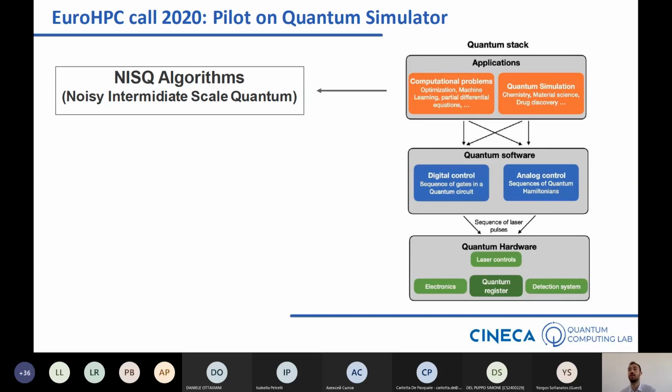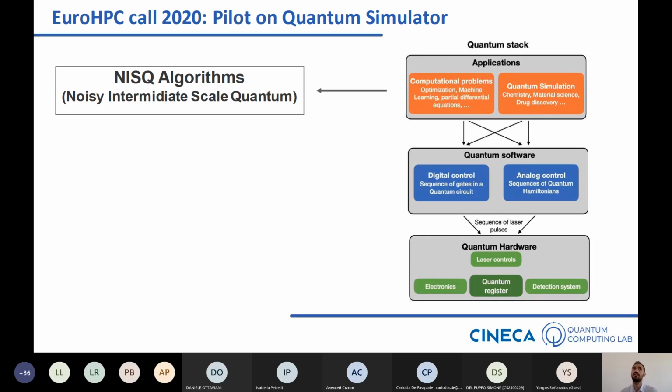Since the hardware is limited in size, with 100 up to 1000 qubits, you cannot run, as we have seen yesterday, Shor algorithm, for example, which requires error correction and thousands or hundreds of thousands of qubits.